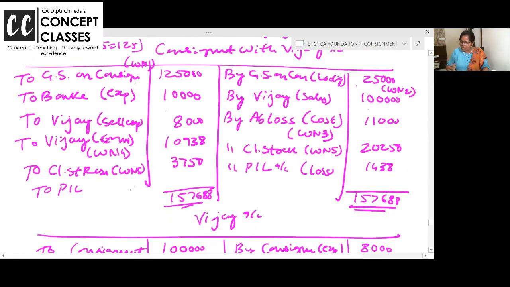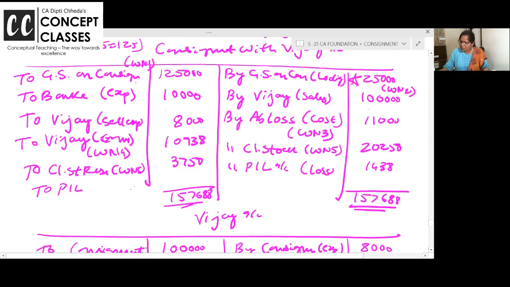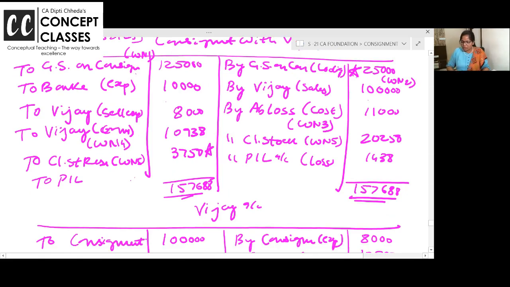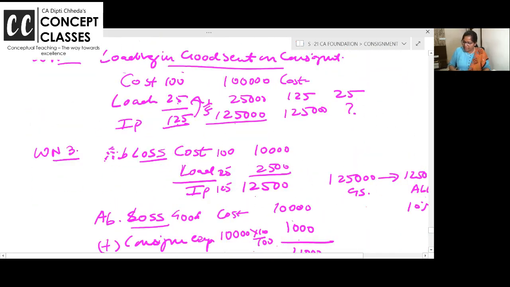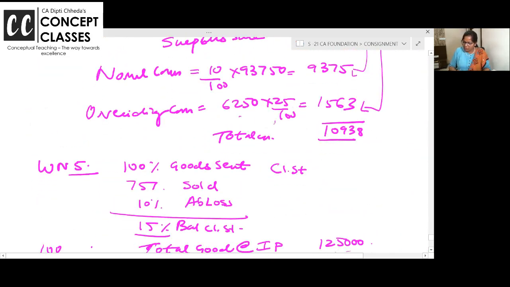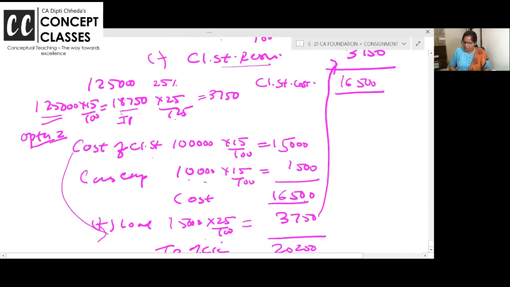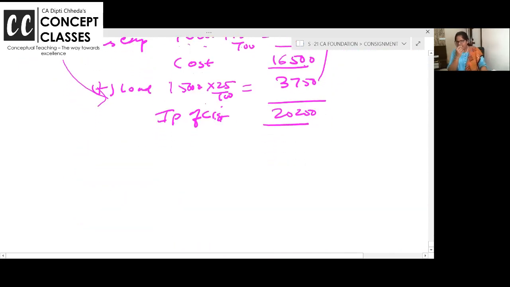Can I please ask all of you to put a star mark in the problems with the loading? Goods sent loading and closing stock loading you have to reverse. And abnormal loss and gain and all will go to your normal P&L account. So we are not writing it here, how much the insurance company is giving and so on.